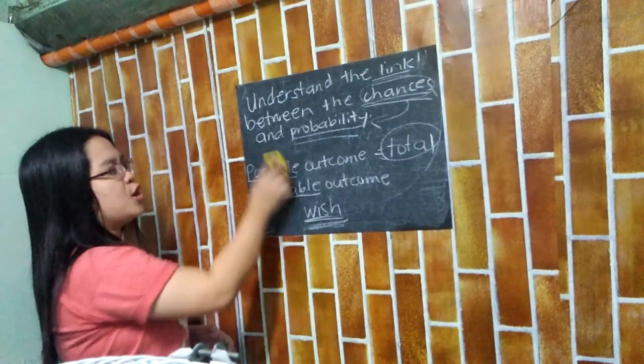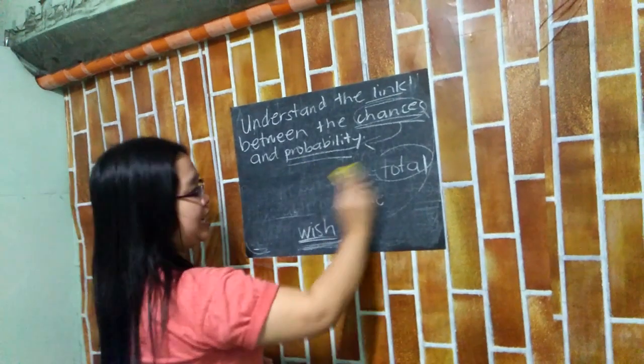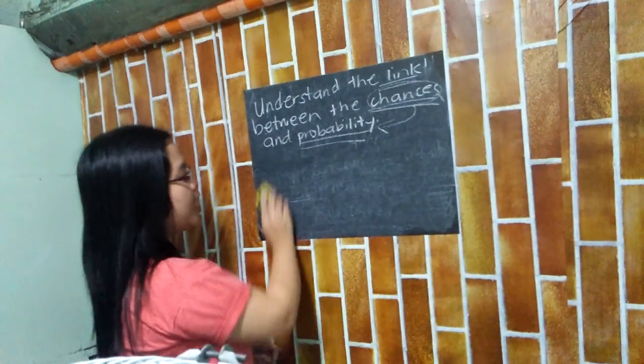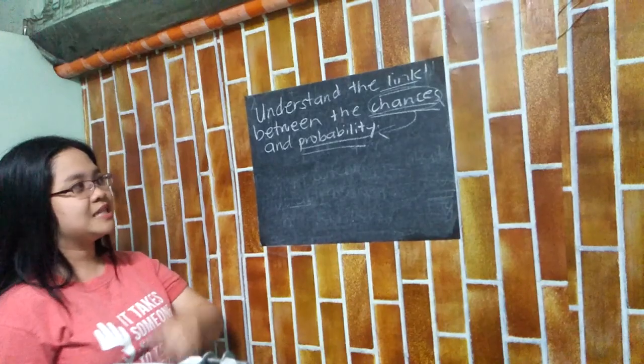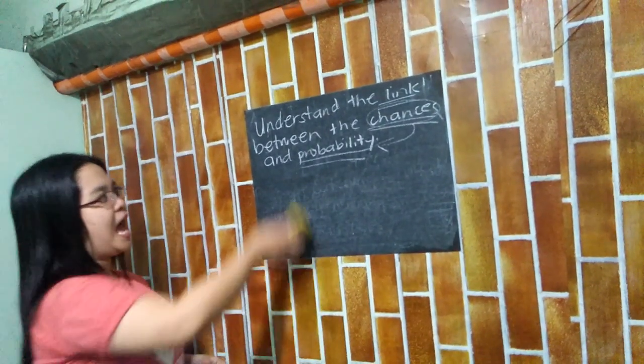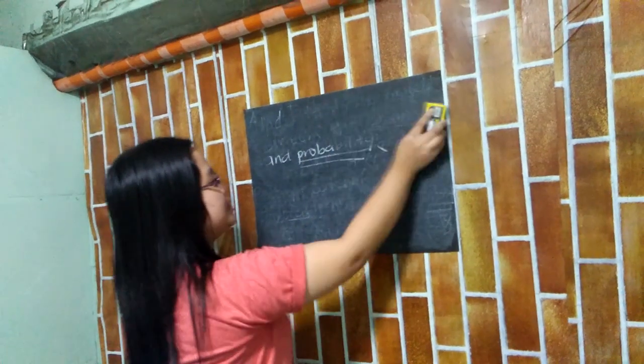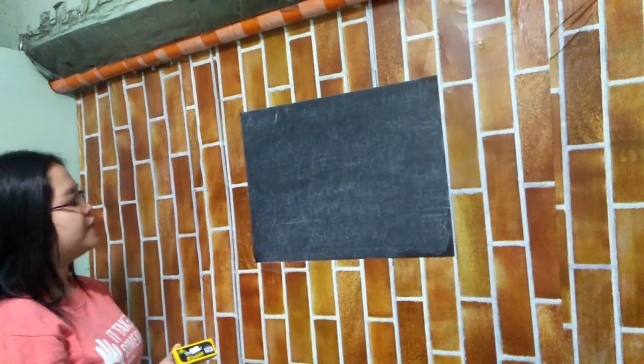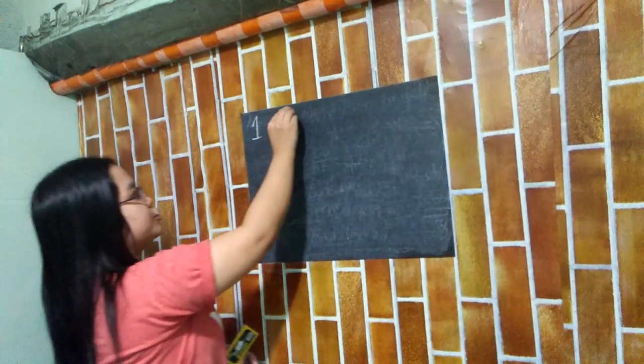Okay? Now, how can this knowledge about possible outcome, favorable outcome, and chances help us understand our lesson for today? So let me have these numbers on the board. Let me write numbers from 1 to 15.